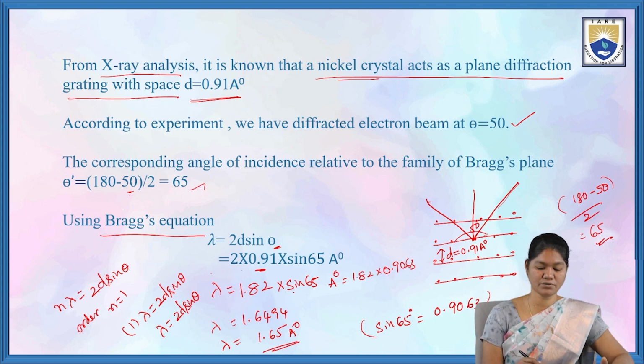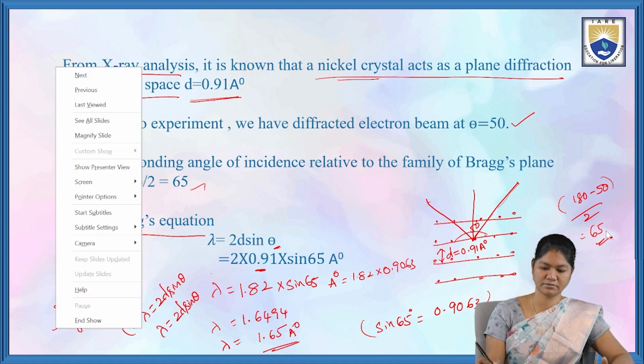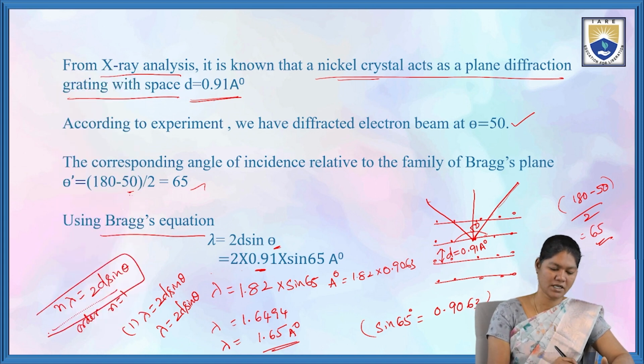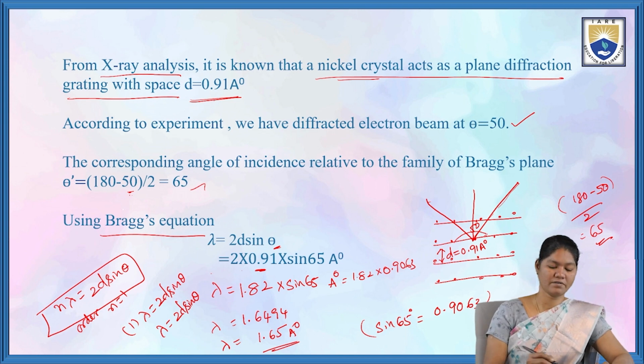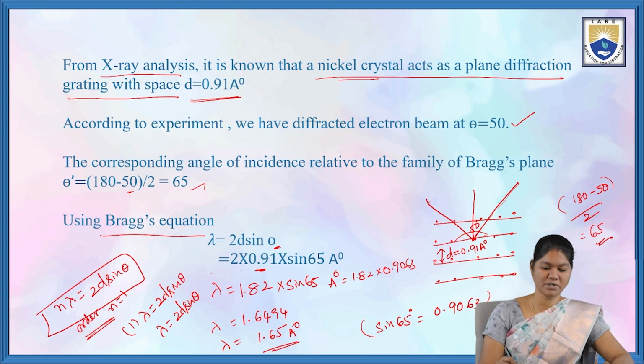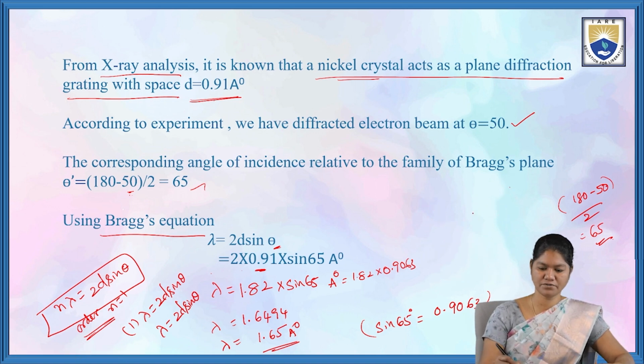Whereas in the case of n lambda equal to 2d sine theta, where n is the order of the plane, the order of the plane means 1. So we have to take this diagram, the first plane.